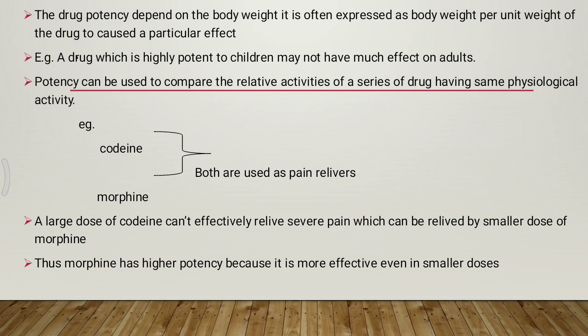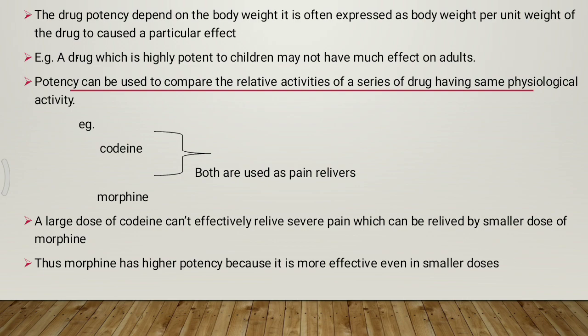Both are used as pain relievers, but a large dose of codeine cannot effectively relieve severe pain which can be relieved by a smaller dose of morphine. Hence, morphine has higher potency because it is more effective even in a smaller dose.